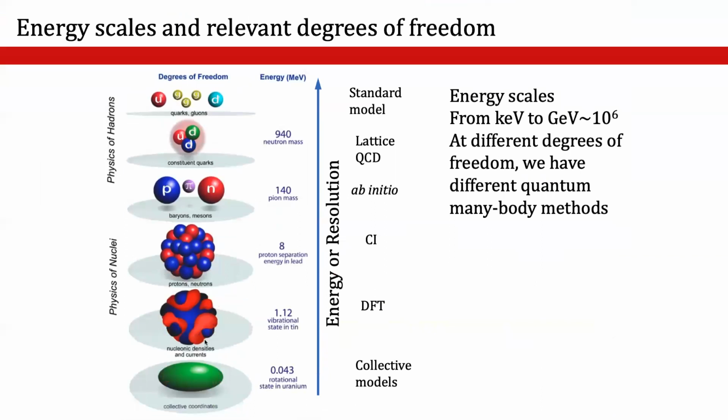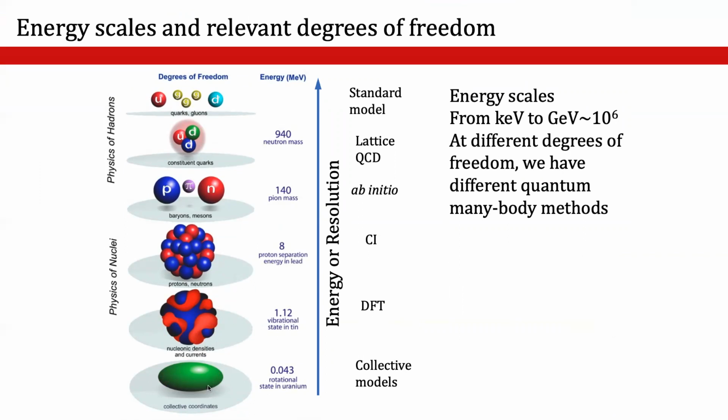The energy scale of nuclear physics covers from keV to GeV, which covers 6 orders of magnitude, and also covers different degrees of freedom from quarks and gluons to the collective coordinate.